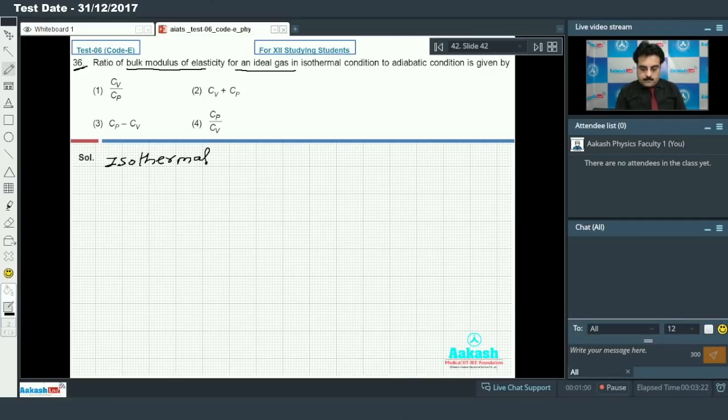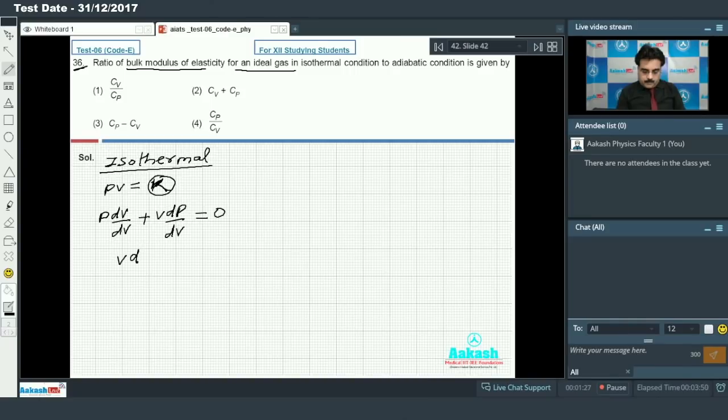in an isothermal process, PV is equal to constant, where P is the pressure, V is the volume, and K is a constant. So if I differentiate this equation with respect to the volume, we'll get P dV over dV plus V dP over dV, and differentiation of the constant will be 0.